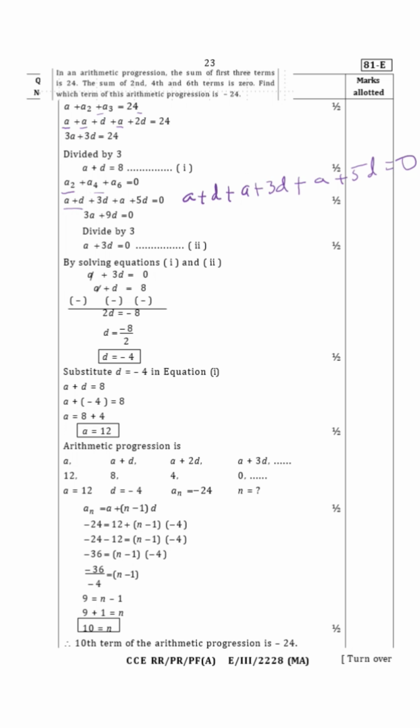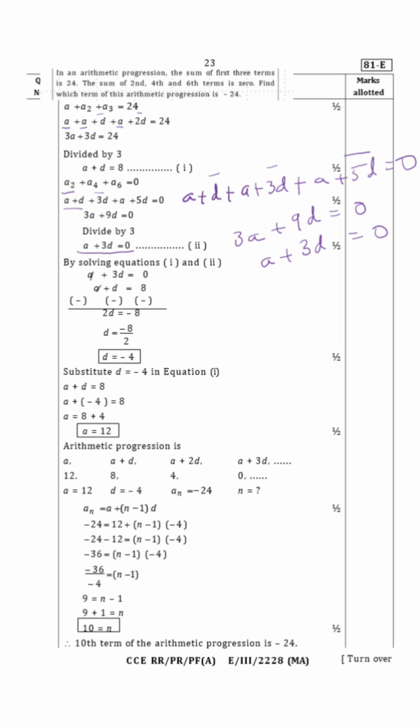Now, how many A's are there? 3A. How many D's are there? D plus 3D, 4D plus 5D, 9D is equal to 0. Here 3 is common, so A plus 3D is equal to 0. Let this be equation number 2.